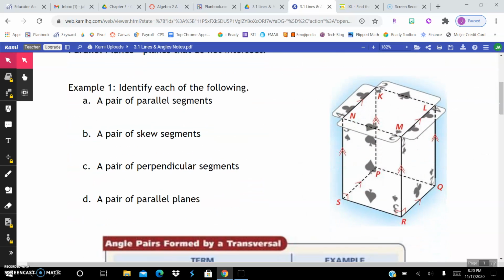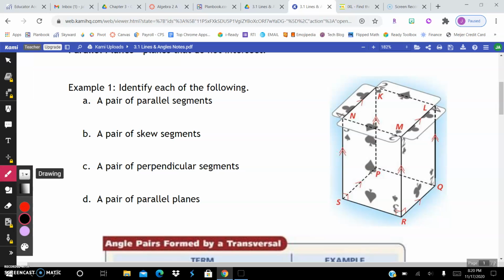Okay, so now we're given this picture here with the cards, and we have to identify a pair of parallel segments. So I'm just going to look right here at the top. This segment and this segment would be parallel. So we could say segment KN is parallel to segment LM.